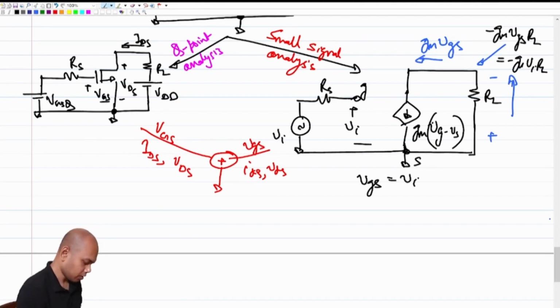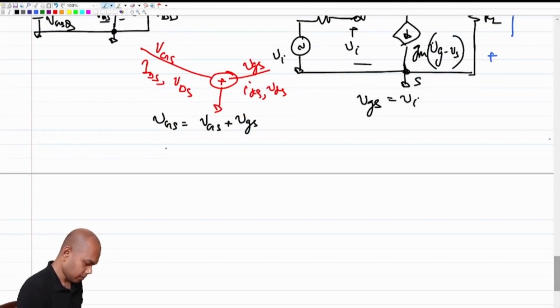So you find out, you total them, as in, VGS becomes VGS plus small VGS, IDS becomes IDS plus small IDS.